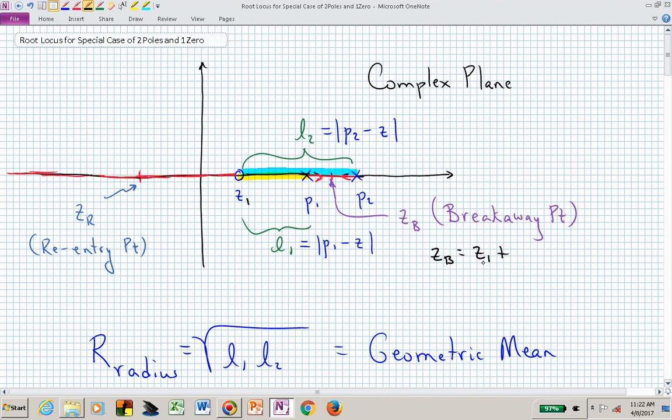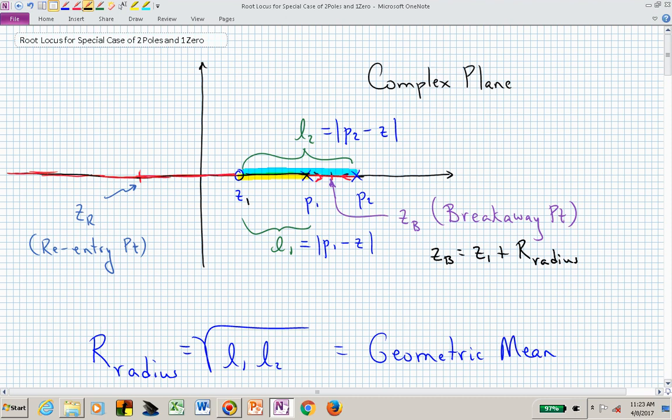Let me just say Z sub 1 plus the radius, where the radius is this geometric mean, or the square root of L1 times L2, where L1 is P1 minus Z, the distance between P1 and Z1, or the distance between the first pole and the zero, and L sub 2 is the distance between the second pole and the zero.